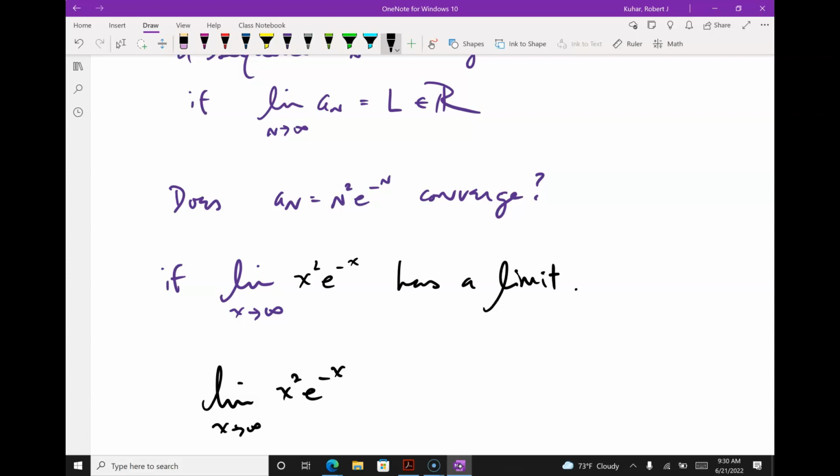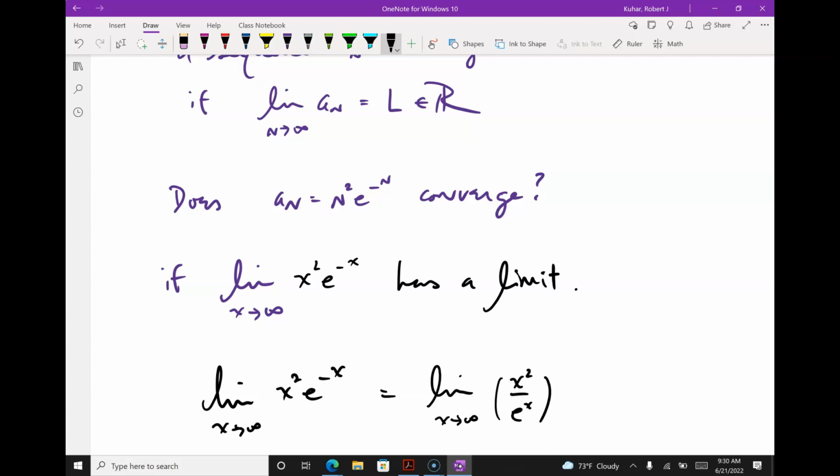I need to move one of them upstairs or downstairs so that I can do this L'Hopital piece. So this is the limit as x goes to infinity of x squared over e to the x. How do I know to move e to the x? It's already got that reciprocal piece built into it.